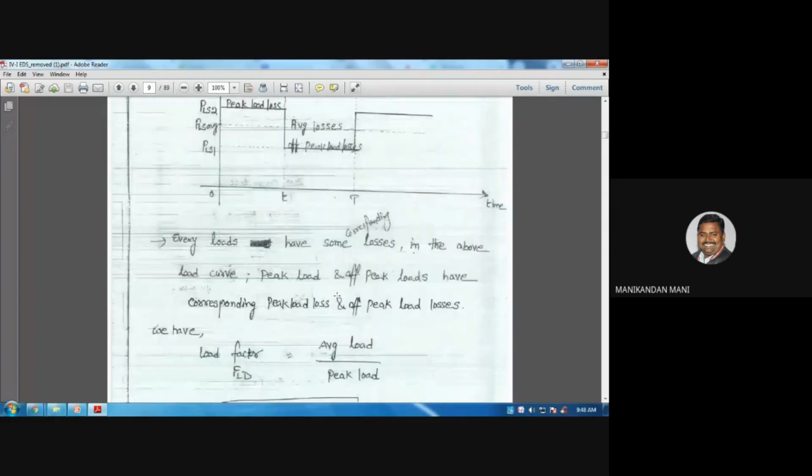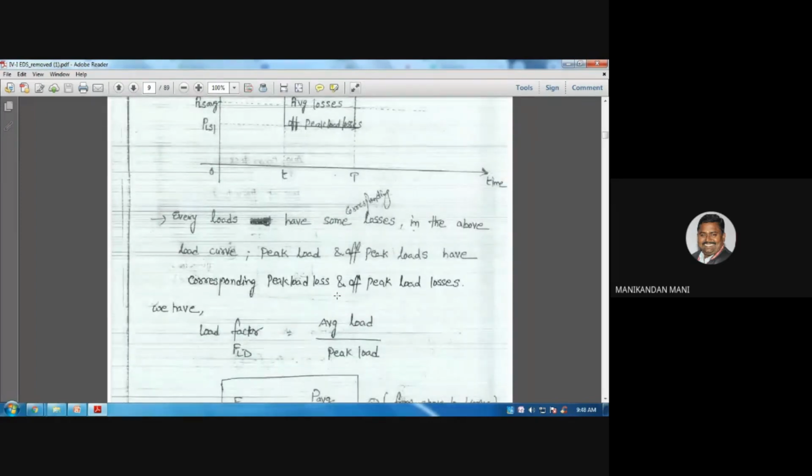So the average between these two we denote by P average, the average load. Similarly the power losses, PLS2 and PLS1, are the peak load losses and half peak load losses, and the average is PLS average. So we need to calculate the average losses also, right?